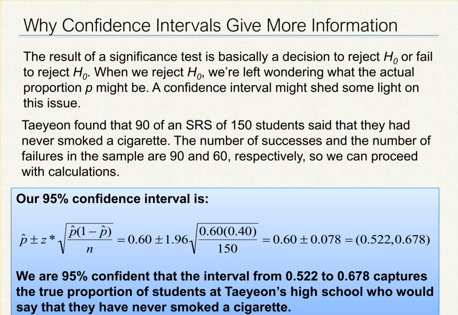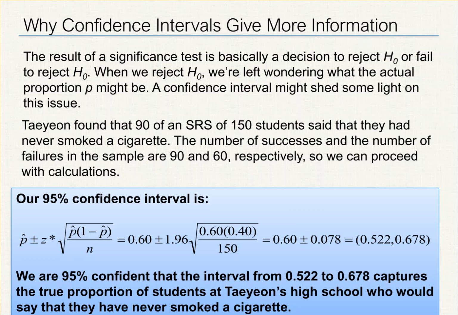Remember, that comes from the normal distribution: how many standard deviations gives exactly 95% confidence? We always rounded to 2 before, but starting in chapter 8 we didn't, so we use 1.96. We figure out the interval is between 52.2% and 67.8%. We're 95% confident that the true parameter value is between 52.2 and 67.8%.